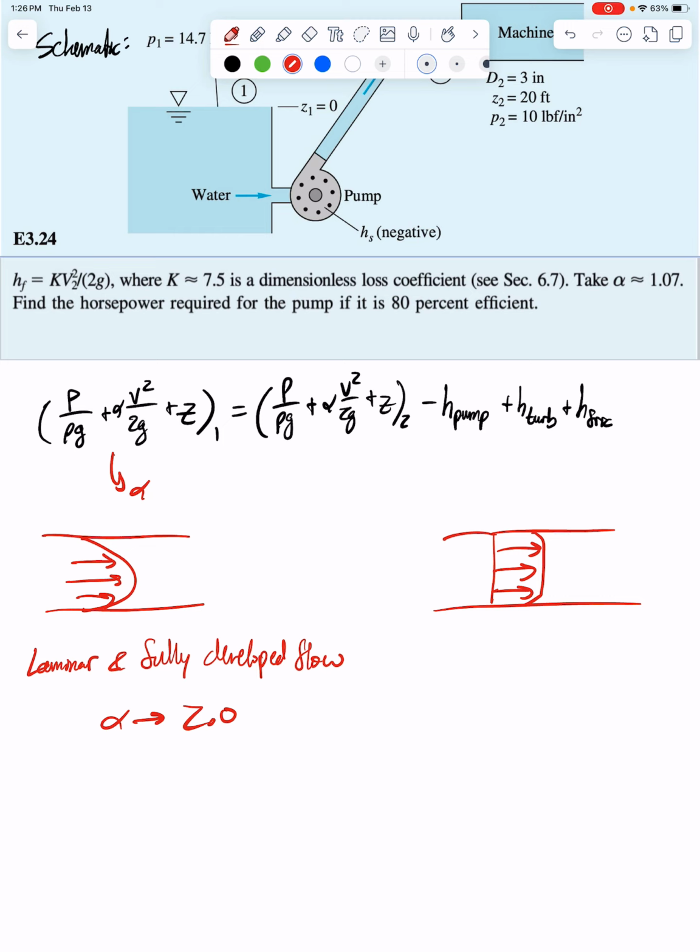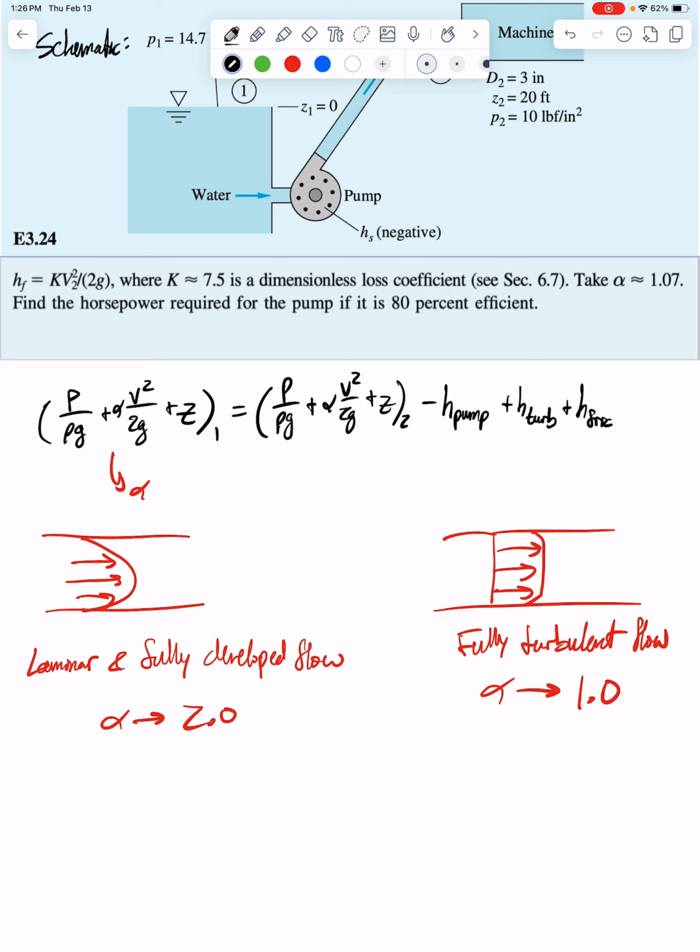For fully turbulent flows, your alpha returns to 1, and you basically get back Bernoulli's equation when alpha goes to 1. So that's the difference between the two. Laminar and fully developed flow, your velocity distribution gets you an alpha of 2. Otherwise, with fully turbulent flow, alpha goes back to 1. That's due to us trying to calculate the mean velocity for that entire profile.